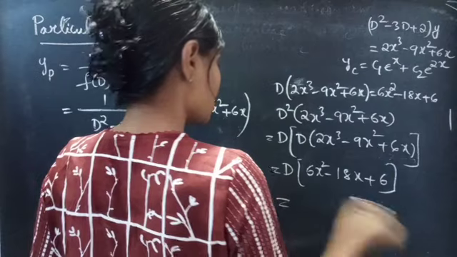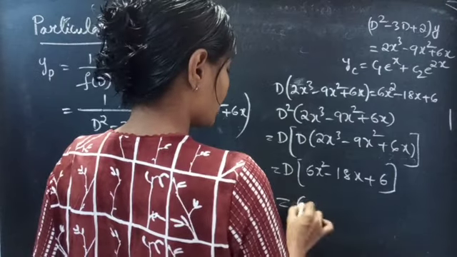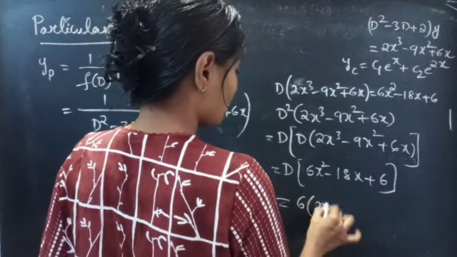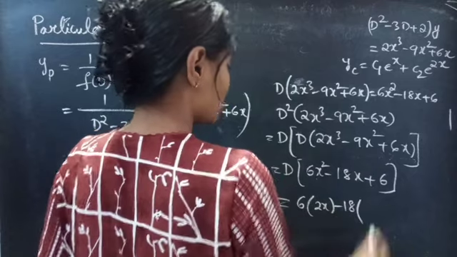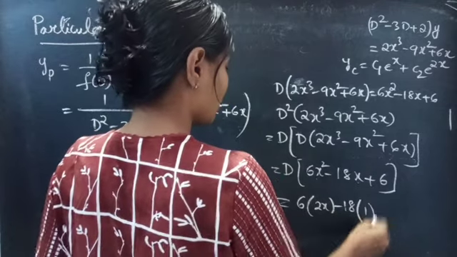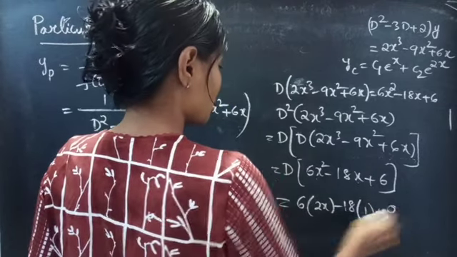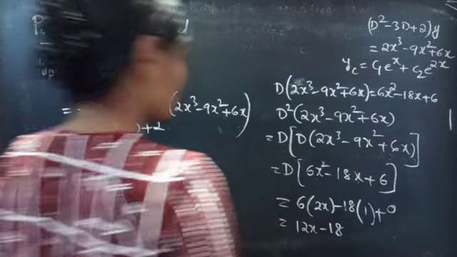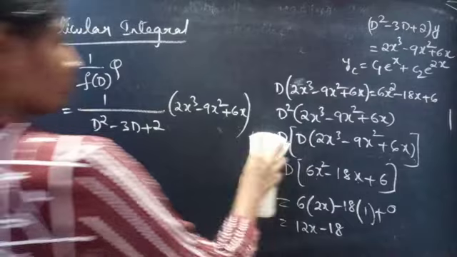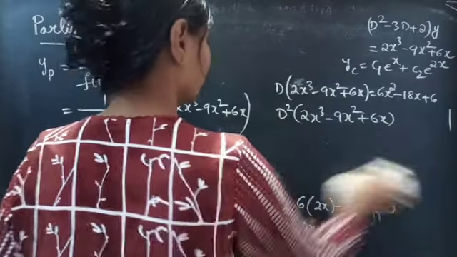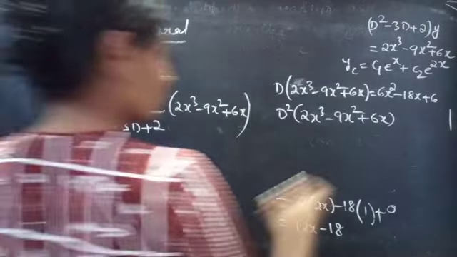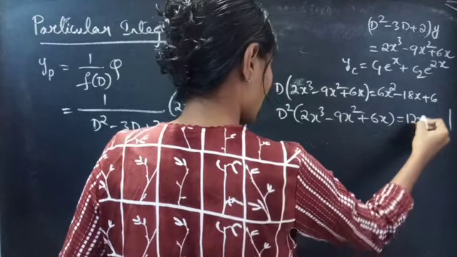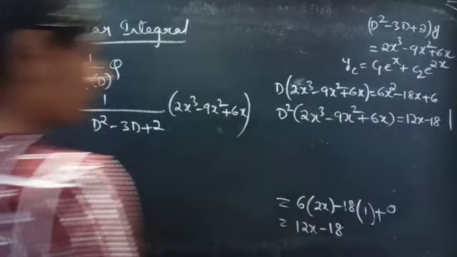Now let's find its derivative. We'll get 6 into the derivative of x square, 2x, minus 18 into the derivative of x, which is 1, plus the derivative of a constant, which is 0, which is 6 twos are 12x minus 18. The derivative of DQ is 12x minus 18.